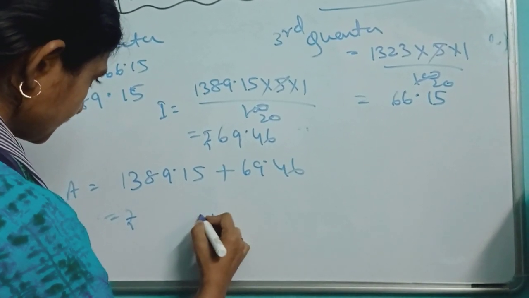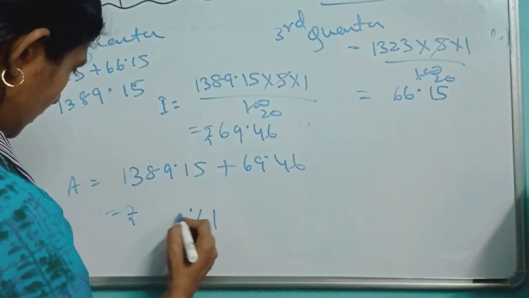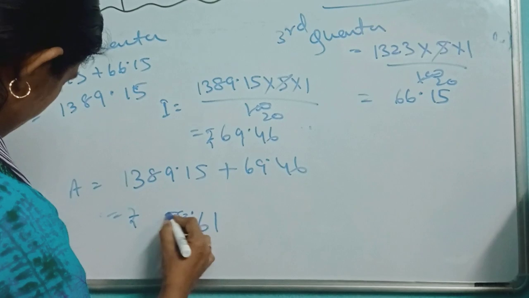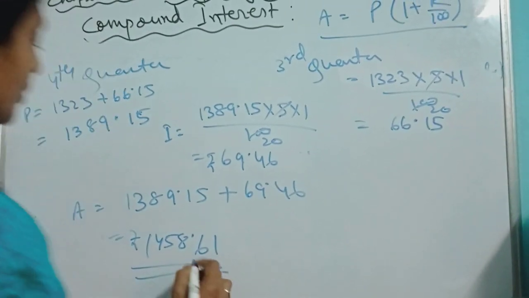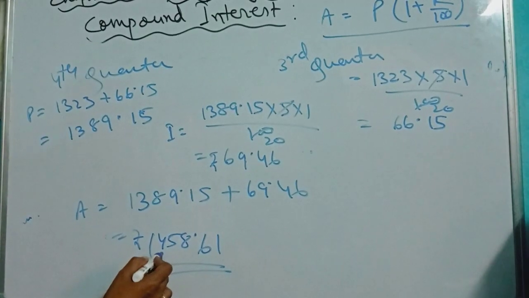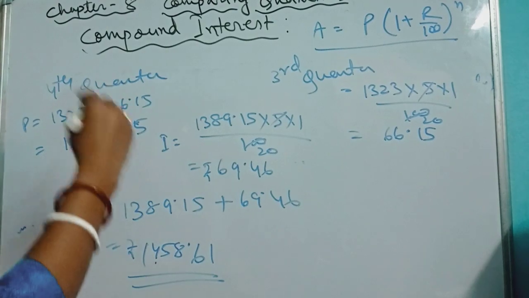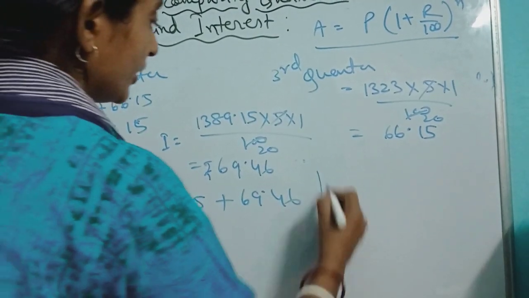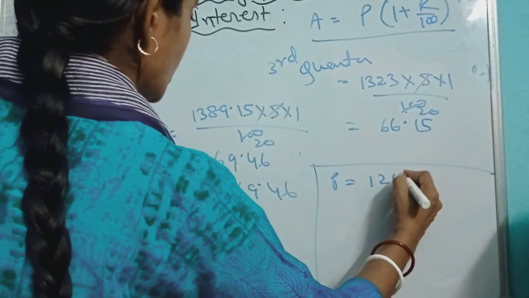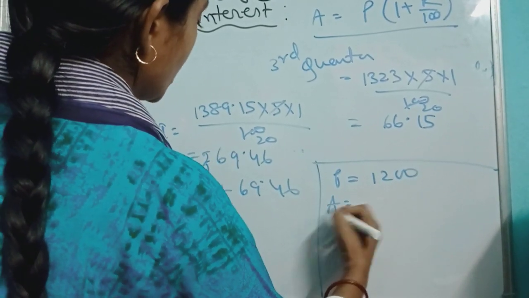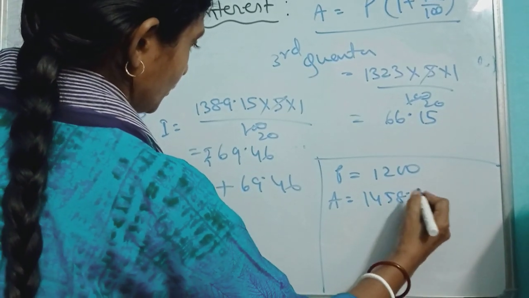After adding, we are getting 1458.61. So after the completion of 1 year, the amount is 1458.61, where he had invested the principal that in the beginning was 1200.